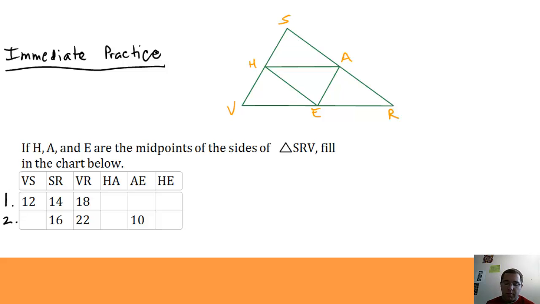In problem number 1, you know VS is 12, SR is 14, and VR is 18. Use those to find HA, AE, and HE, using the last theorem that we stated in the notes. Then in problem number 2, you know SR is 16, VR is 22, and AE is 10. Use those to find what VS, HA, and HE are, using the last theorem that I just proved. That is the end of section 5.3.